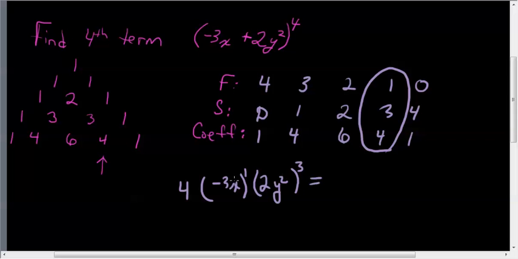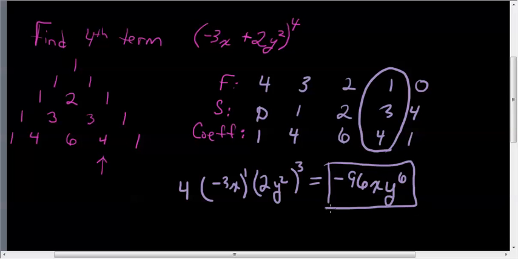Now when I multiply all this out, 2 cubed is 8. 8 times 4 is 32, times negative 3, I believe, is negative 96. X to the first, y to the sixth. Y squared cubed would be y to the sixth. That's the only thing that's new in this lesson. Instead of just having an x plus a y, we've got a whole other term in here. Let's look at another example.